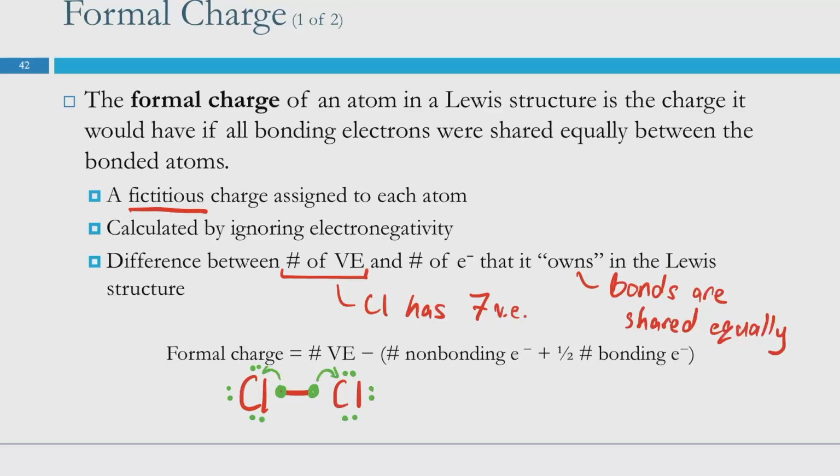So the number of valence electrons here, we've got 7 valence electrons. We subtract from that the number of non-bonding electrons and half the number of bonding electrons.